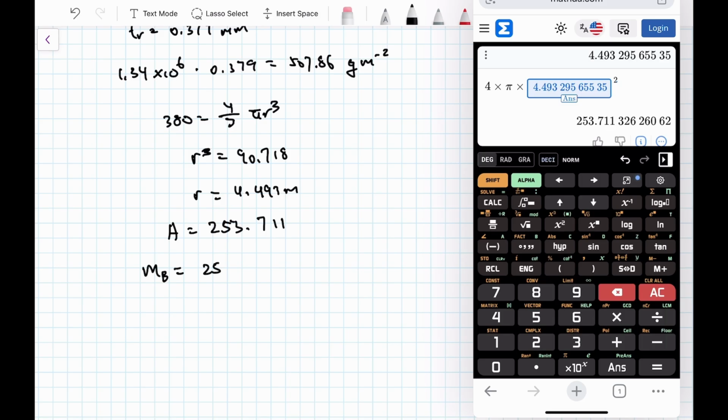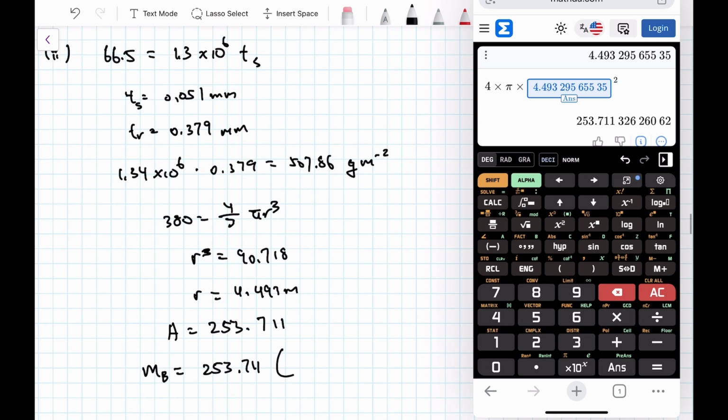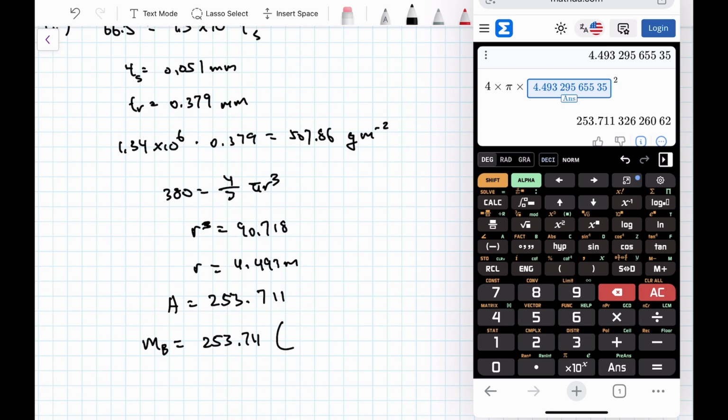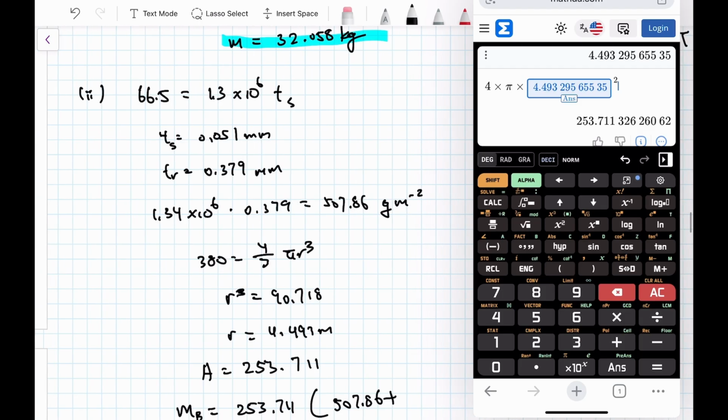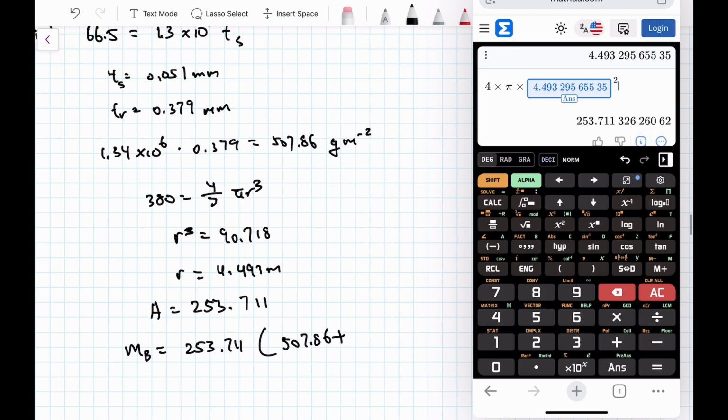So therefore the total mass of the balloon should be equal to 253.711 times, this is 507.86 plus 66.5.